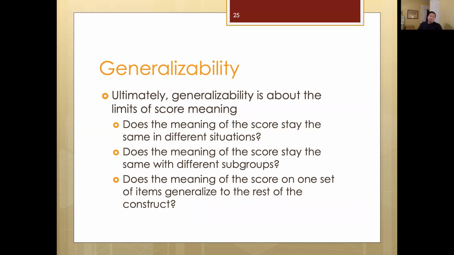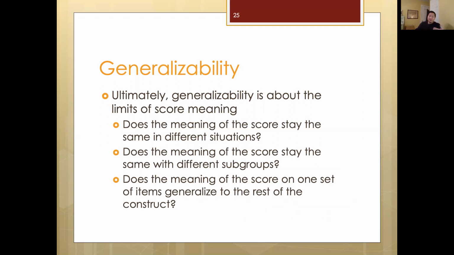So ultimately, generalizability is, what are the limits that we have in interpreting our scores? Does the score stay the same in different situations with different groups? Do the items on one set generalize to the rest of the construct? All these pieces, it's all to say we want to be thoughtful. We want to consider, does this test work for our population? Who was it developed with?